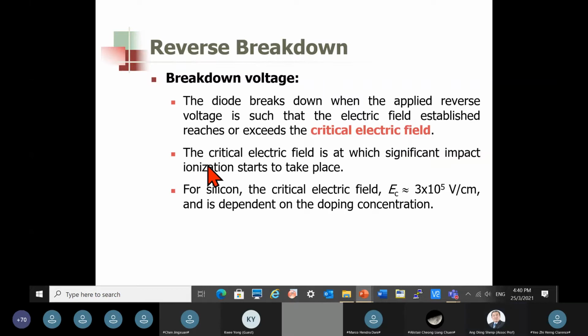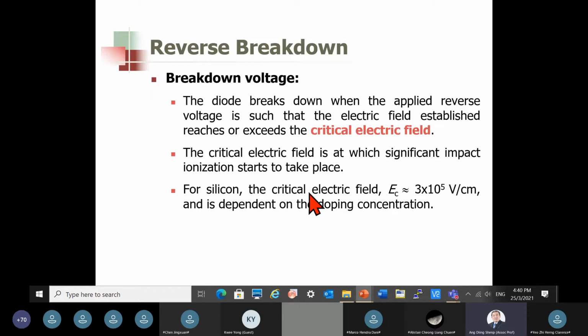The critical electric field is the point at which significant impact ionization starts to take place within the semiconductor. For silicon, the critical electric field is typically around 3 times 10 to the power 5 volts per centimeter, and it generally varies with the doping.